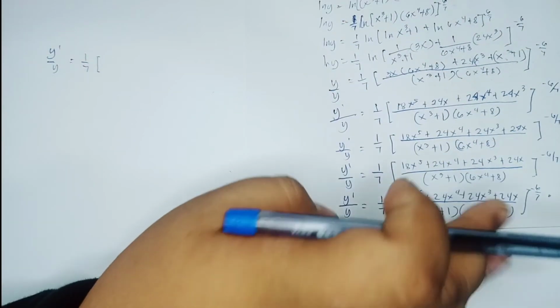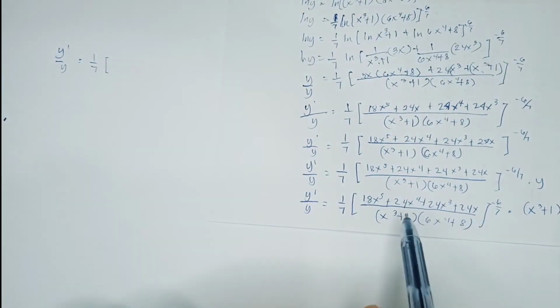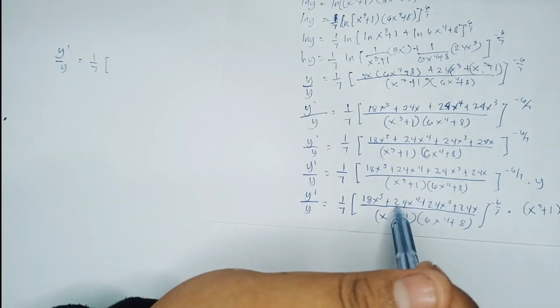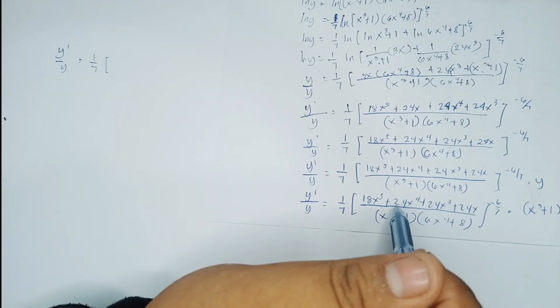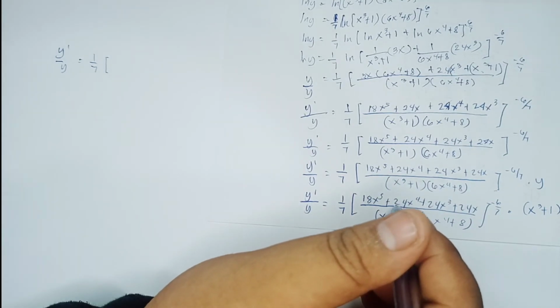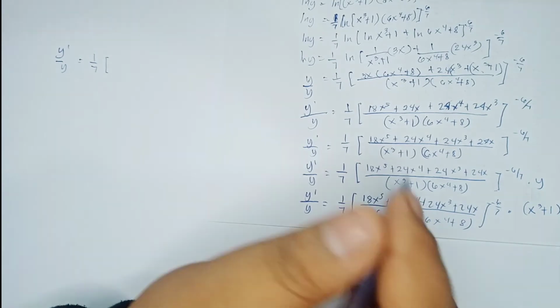Since we have here an equation, we should now move forward to the fourth step, which is to simplify the result.